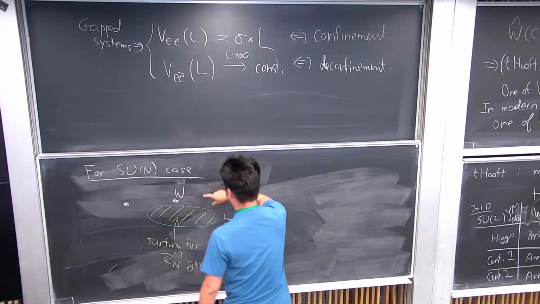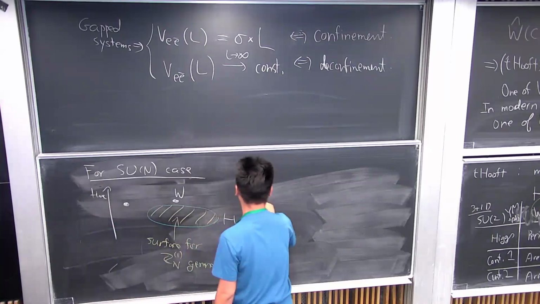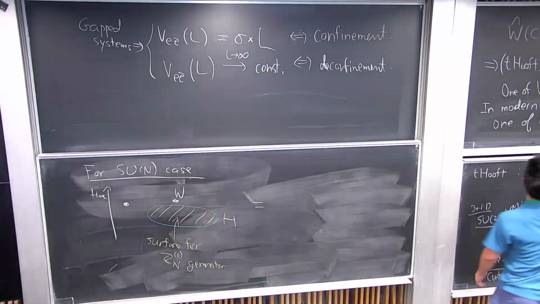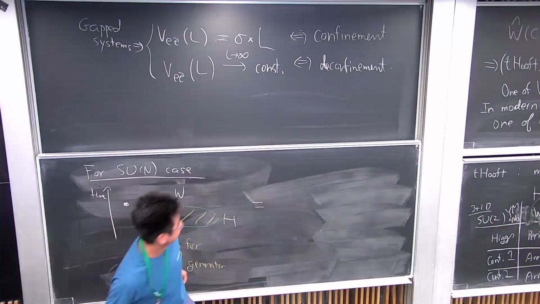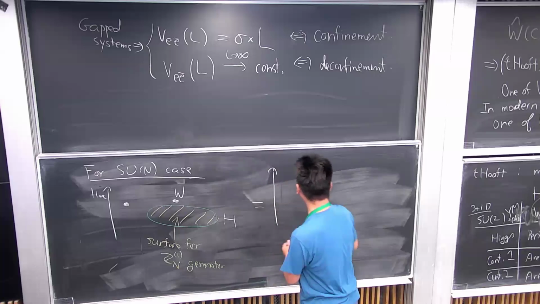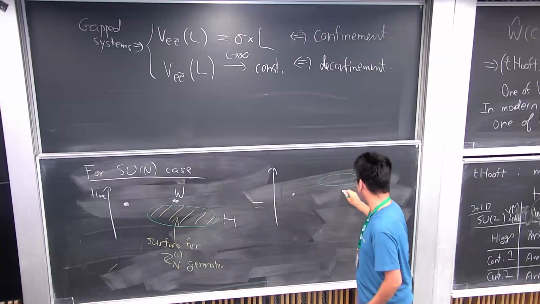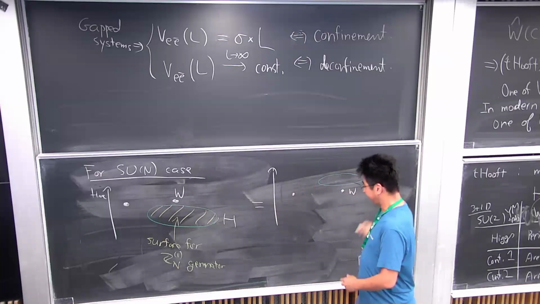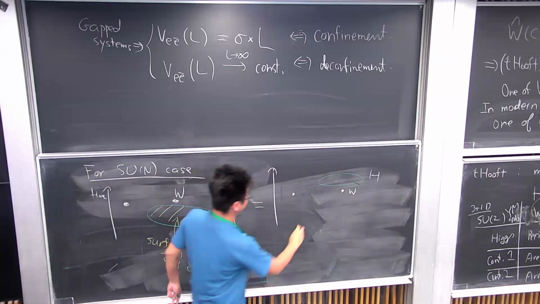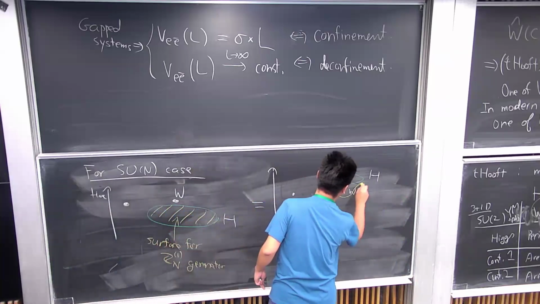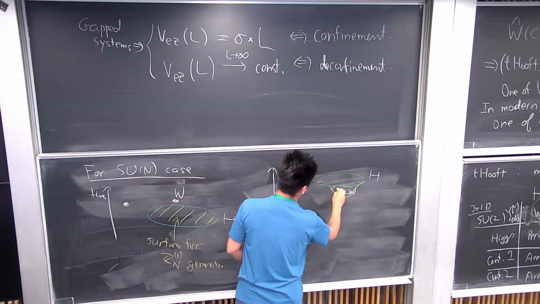Then let's regard this as the time direction, and in order to reproduce this commutation relation, we want to consider the situation that this H lives in the future compared with the Wilson loop. But in order to keep this topological, this surface cannot just go through the Wilson loop without paying any cost.